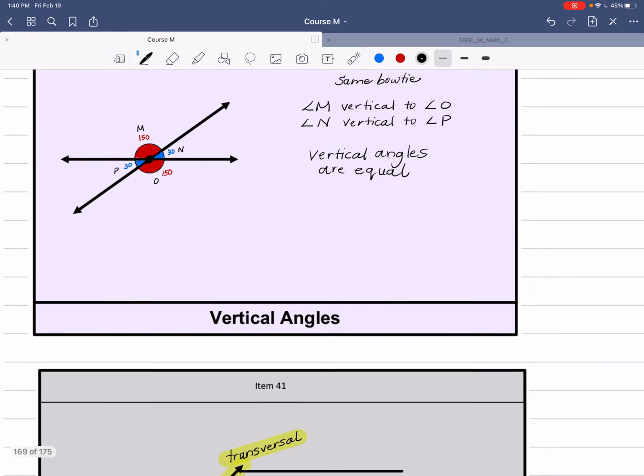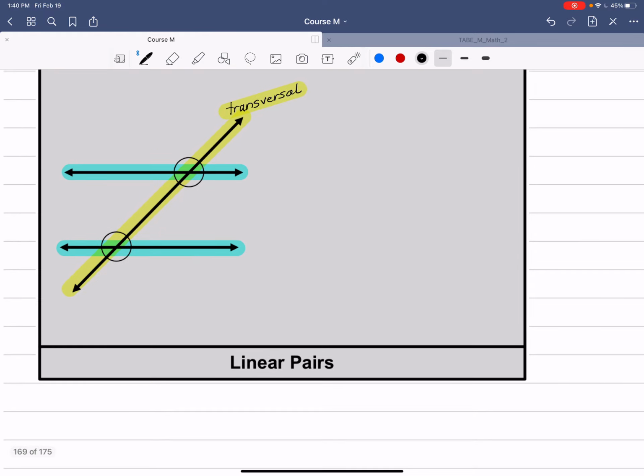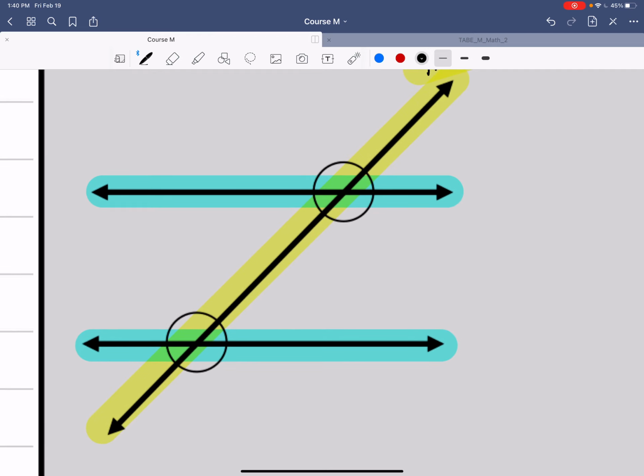First of all, let's label our angles. We have Q, R, S, T, U, V, W, X. And I'm not going to color bow ties this time. I'm just going to do the smaller ones.